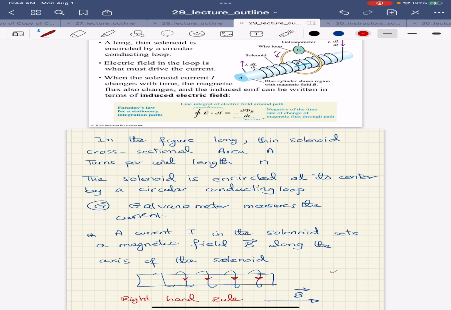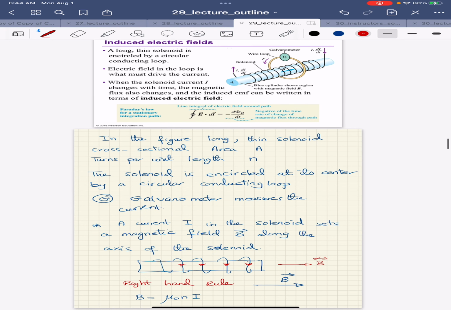We can use the right hand rule to find the direction of the magnetic field. Curl all four fingers of your right hand in the direction of the current, and the thumb shows you the direction of the original magnetic field. I'll always call it the original magnetic field.